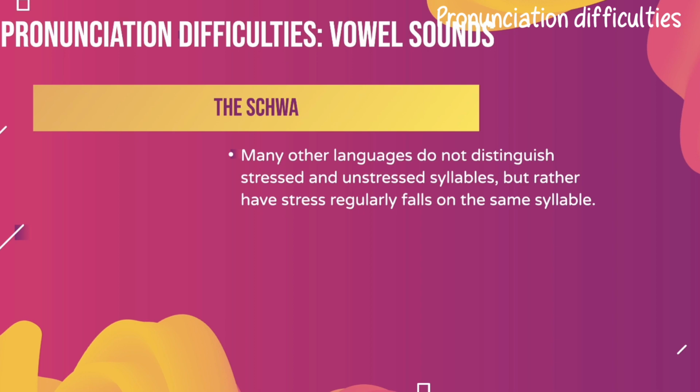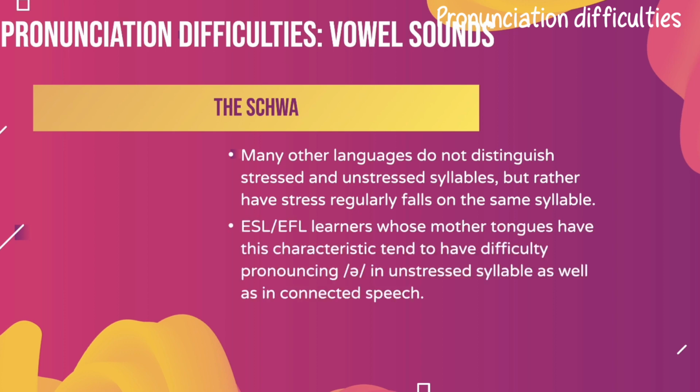ESL and EFL learners whose mother tongues have this characteristic tend to have difficulty pronouncing unstressed syllables as well as in connected speech. In many cases, the schwa is replaced by full vowels. As you know, the schwa sound is not a full vowel, it's a half vowel, right? So when we pronounce it as a full vowel, it's a mispronunciation.